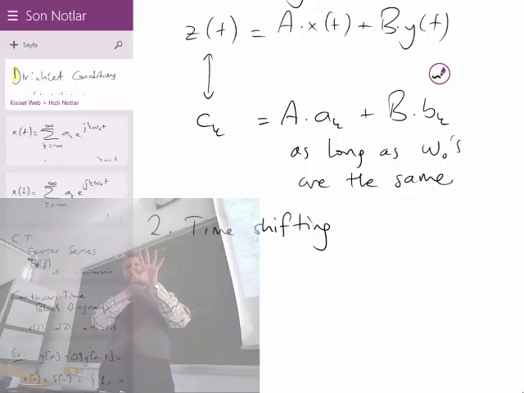I can combine one rectangular pulse and the same periodic, slightly shifted, perhaps negated version of a different periodic pulse train. And then I can ask you what are the Fourier series coefficients of this new thing.